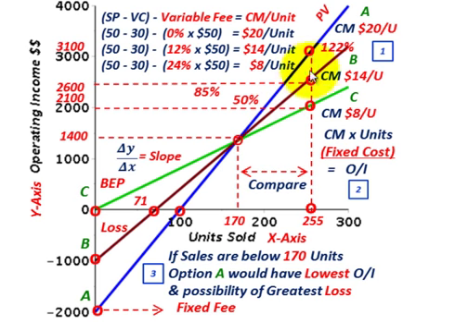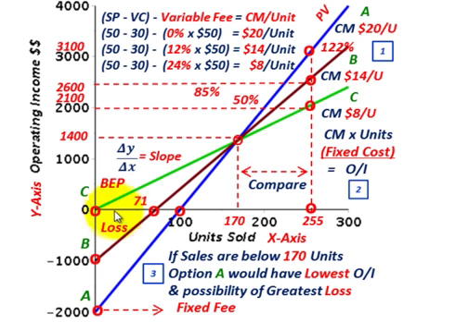So when you have higher sales, option A becomes the better choice. But the opposite would be true if we had less than 170 units. We don't have to go through all the arithmetic on it, but you can see that here. So if the sales are below 170 units, option A would have the lowest operating income, but it also has the possibility for the highest loss.